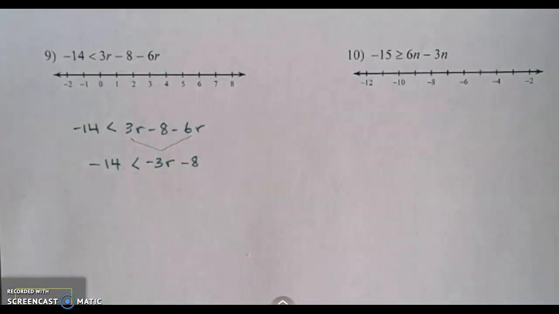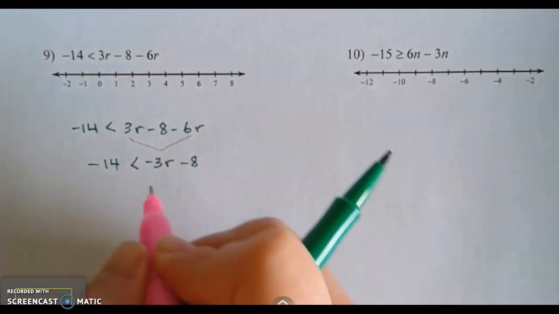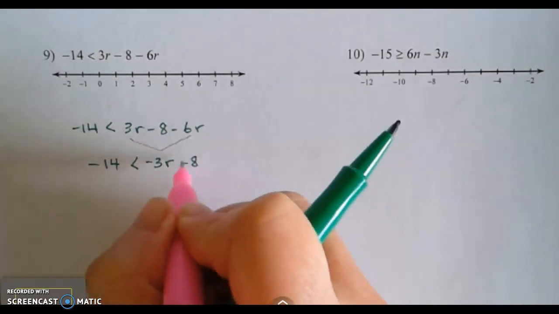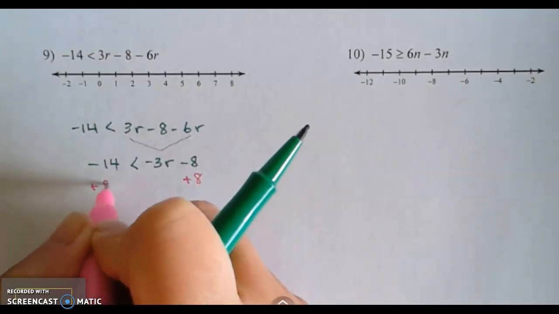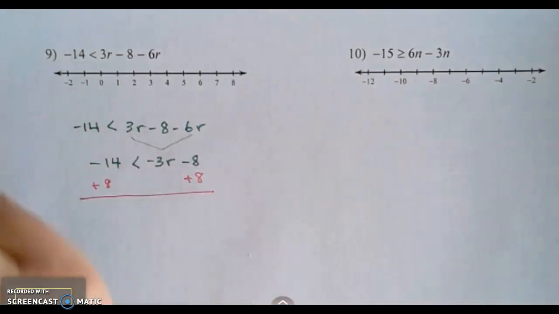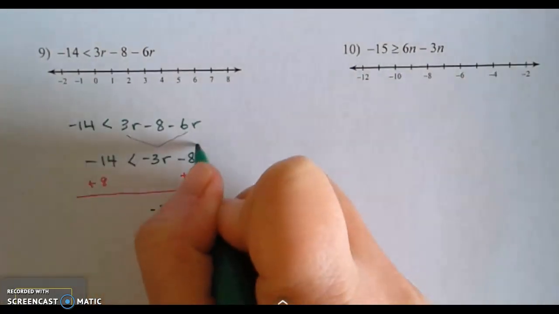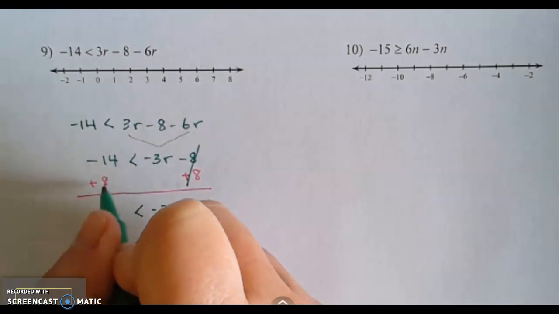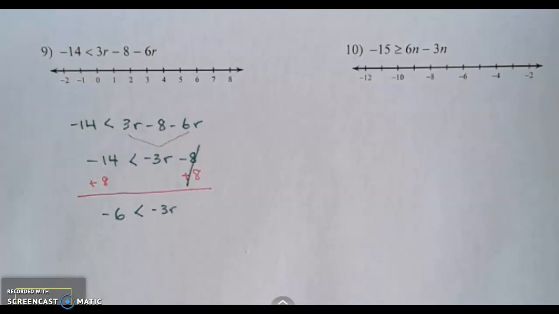Okay, so now we have negative 3r minus 8 on the right hand side and negative 14 on the left hand side. So what do we need to get rid of? We need to get rid of this minus 8 by adding 8 to both sides. And that leaves me with negative 3r on the right hand side and negative 14 plus 8 is going to be negative 6.